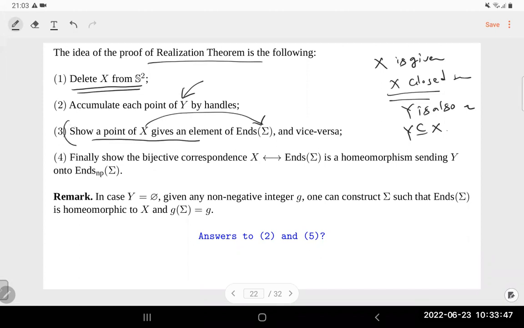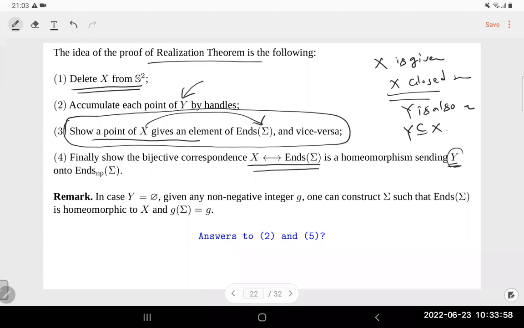And finally, you have to show that there is a bijective correspondence, and this bijective correspondence sends Y to the non-planar ends. So using this rough idea, I can show that any two closed subsets of the Cantor set, one contained in the other, can be realized as the space of ends and the space of non-planar ends.